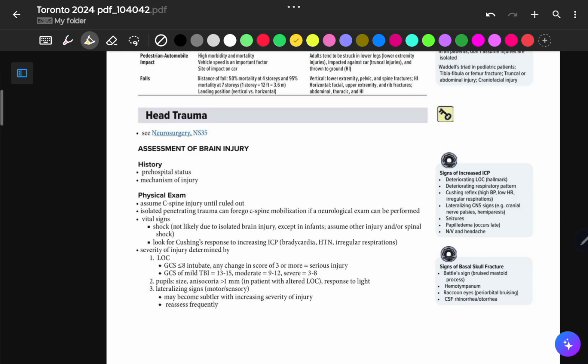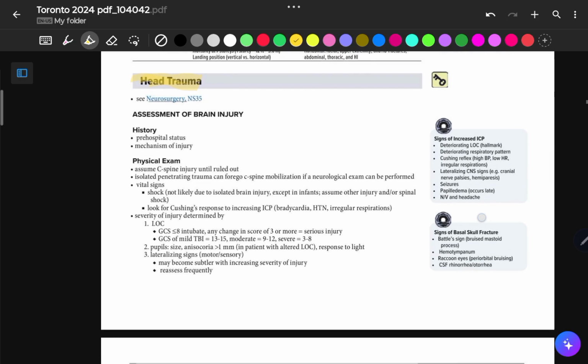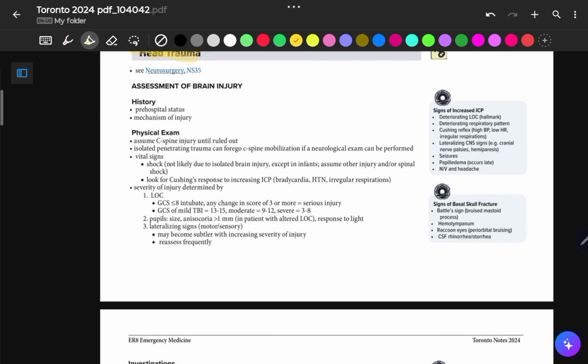Next we're going to talk about head trauma. We're going to move from system to system. First of all, you need to assess for brain injury. First, you want to try and get the history, maybe from the police or the paramedics, so you want to know what happened. Was it a fall?